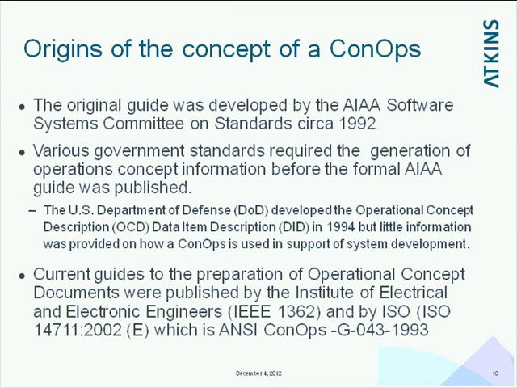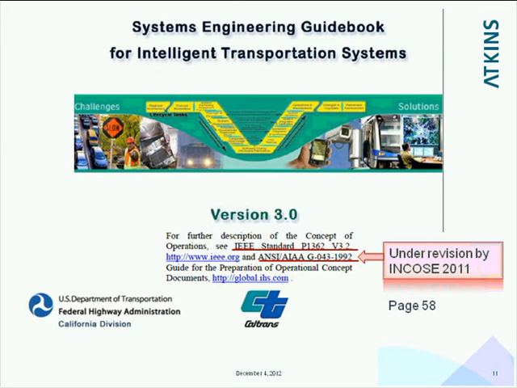The current guide to operational documents is published by the IEEE and by ISO. It's 14711 and ANSI ConOps G043 1993. Those numbers. I'll go into a little bit about what the standards are.